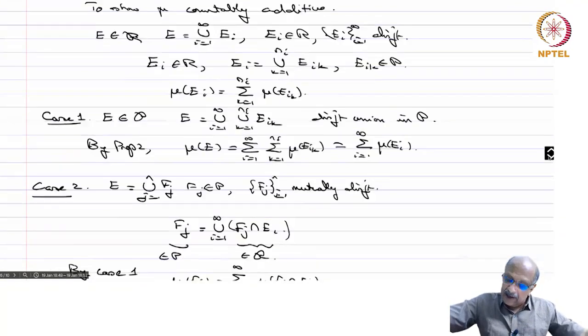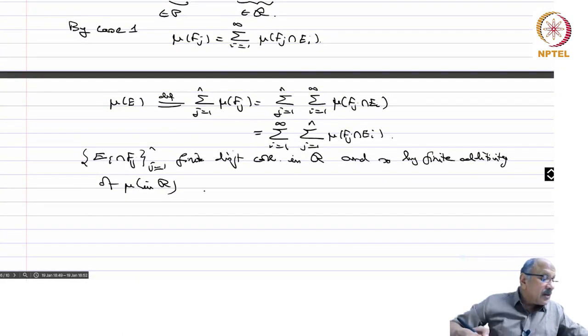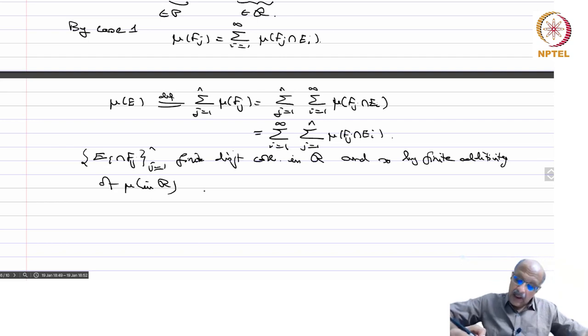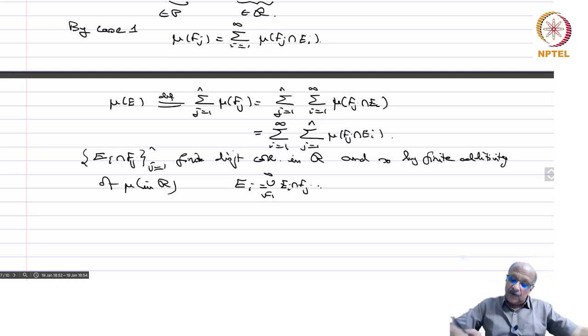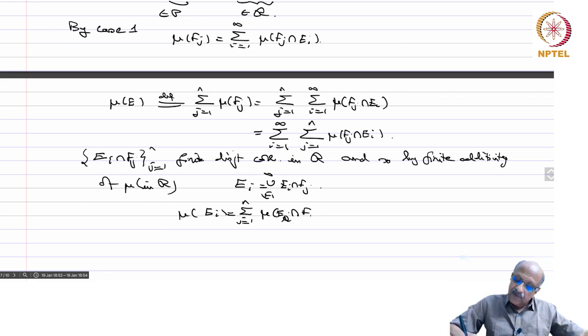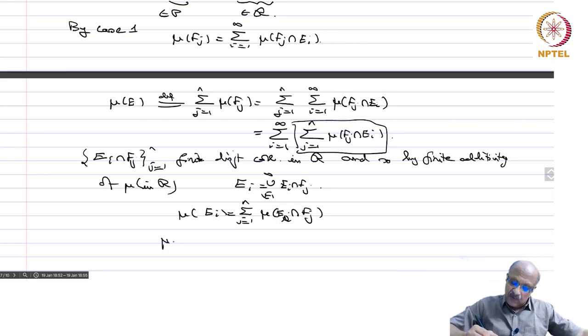And you also have Ei equals the union over j equals 1 to N of Ei intersection Fj, and therefore you have that mu of Ei is equal to the sum over j equals 1 to N of mu of Ei intersection Fj, and that is exactly this quantity here, and therefore you have mu of E equals the sum over i equals 1 to infinity of mu of Ei.